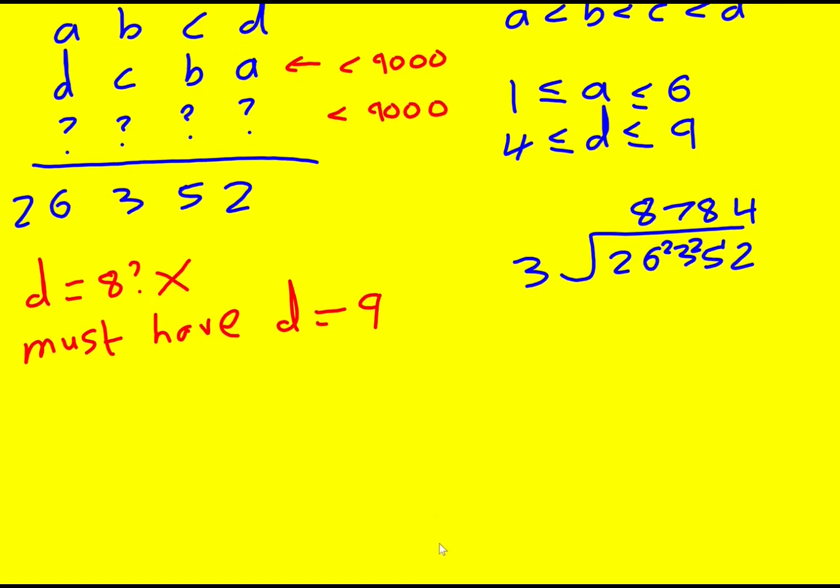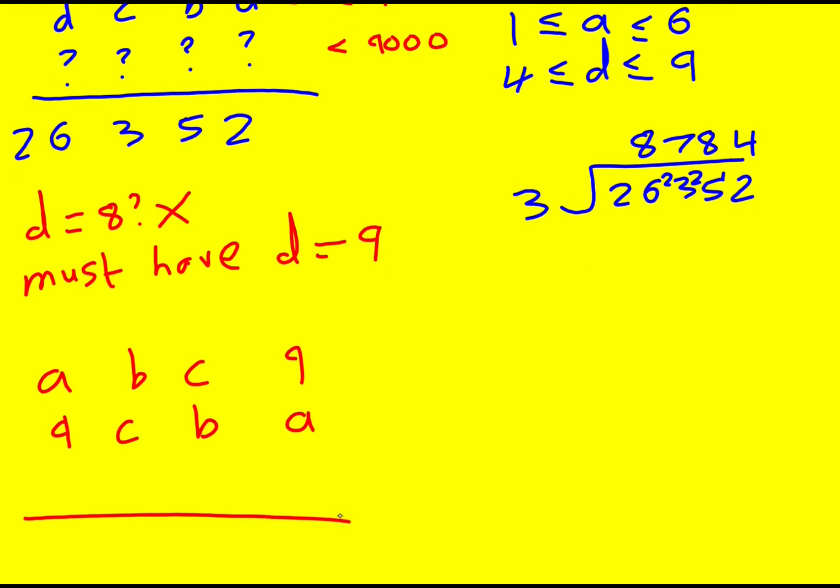So let's write down this updated version. We're going to have A, B, C, 9, and then 9, C, B, A, and then some other number, 26,352.